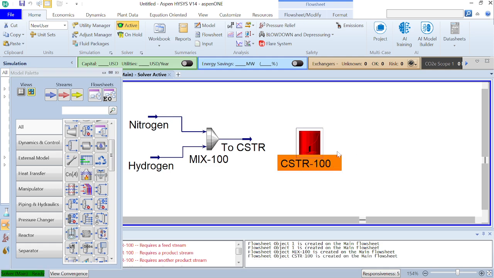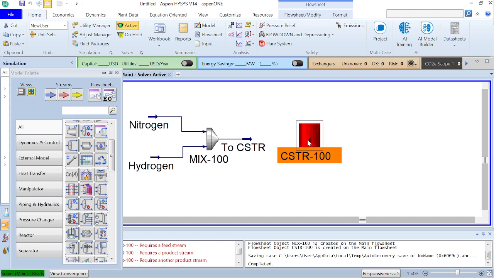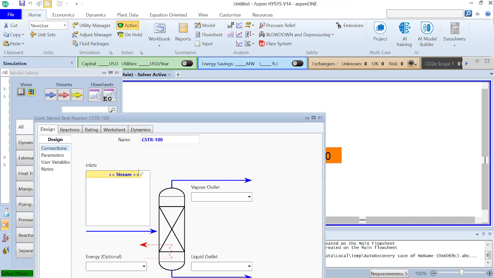Okay, so I open it up, put in this. Now I'm going to call the vapor stream vapor, VAP, and then call this liquid.